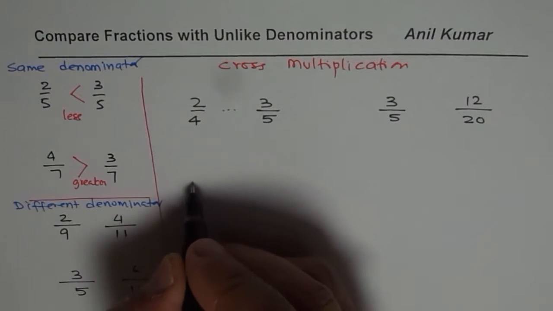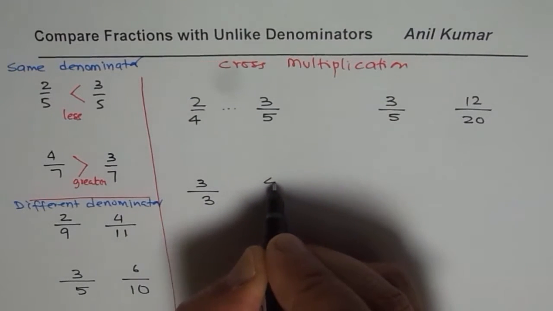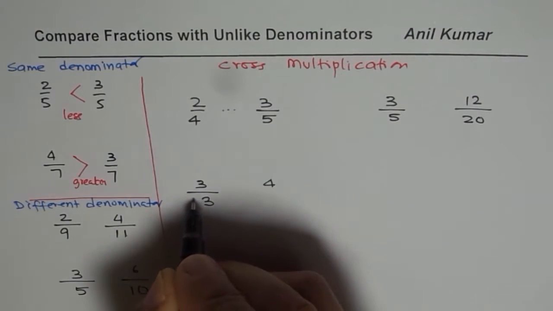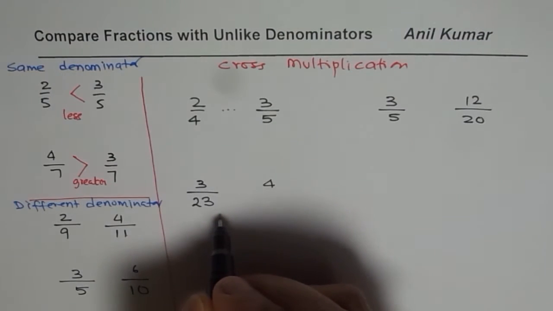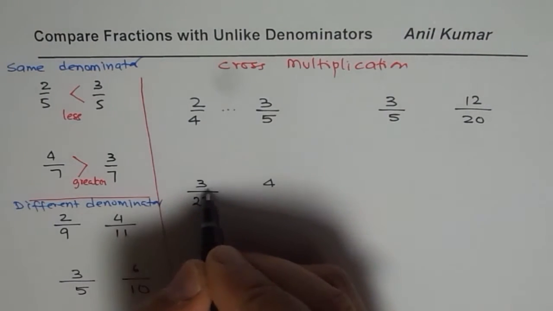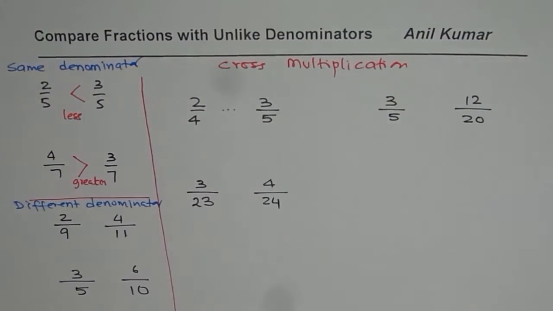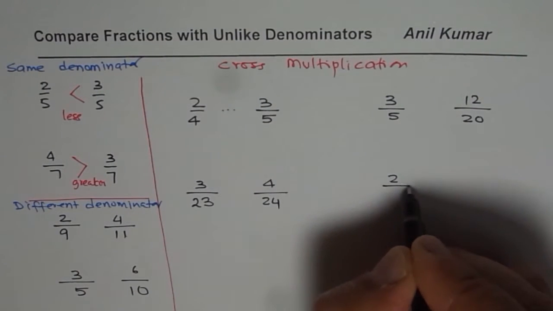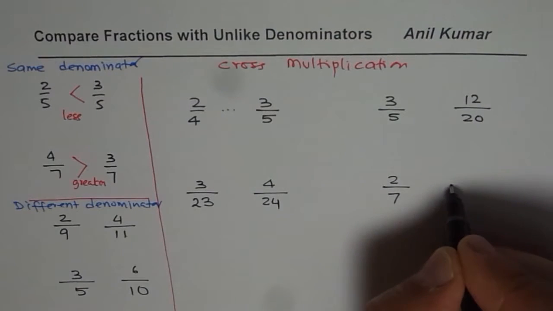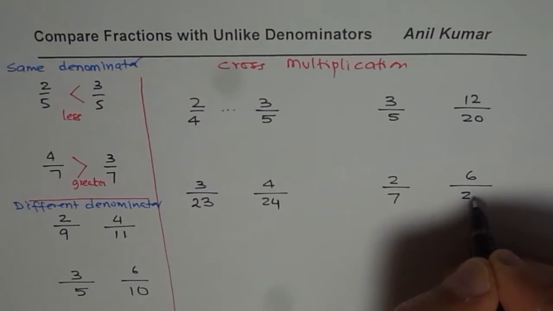We could have 3 over 4 and 23 over 3, and 4 over 24. I have taken one big number; you may use a calculator for such questions. Then 2 over 7 and 6 over 21.